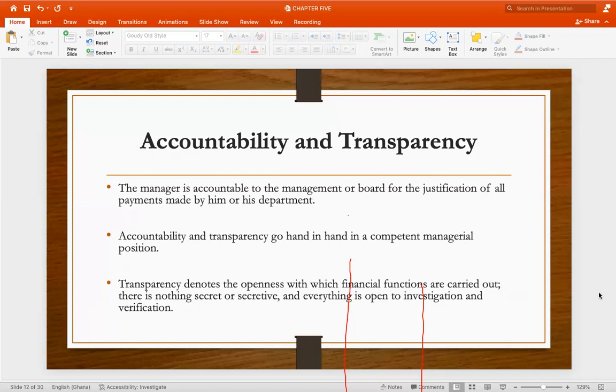Transparency denotes the openness with which financial functions are carried out. There is nothing secret or secretive, and everything is open to investigation and verification. So in accountability and transparency, the manager just needs to follow the laid down ethics.